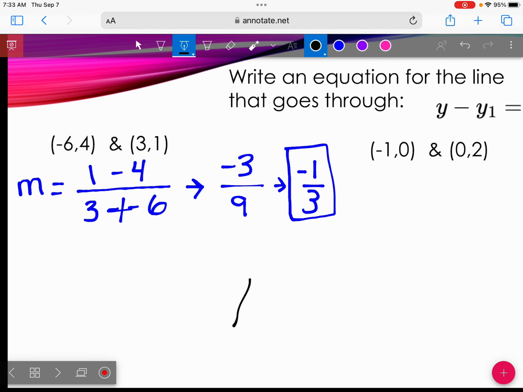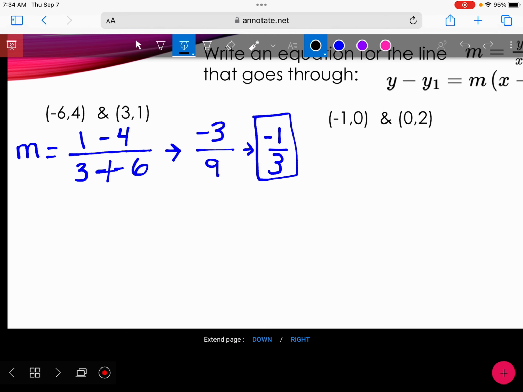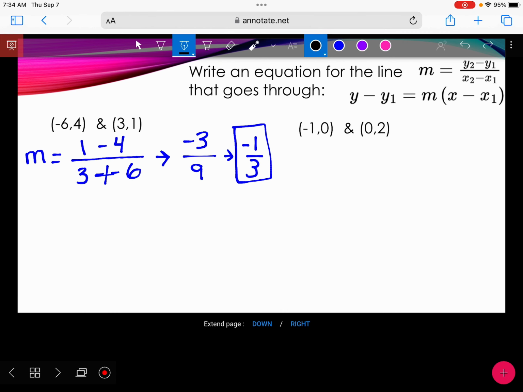So I've got my point slope form up there at the top, which I just zoomed in so you couldn't actually see the whole dang thing. Love that for me. So which point do you want to do first? The negative 6, 4 or the 3, 1? Negative 6, 4. We'll do this one first.